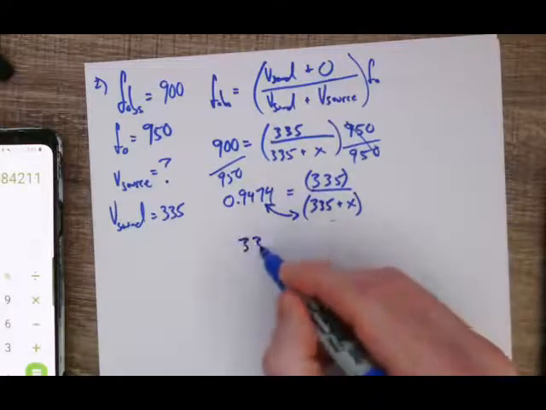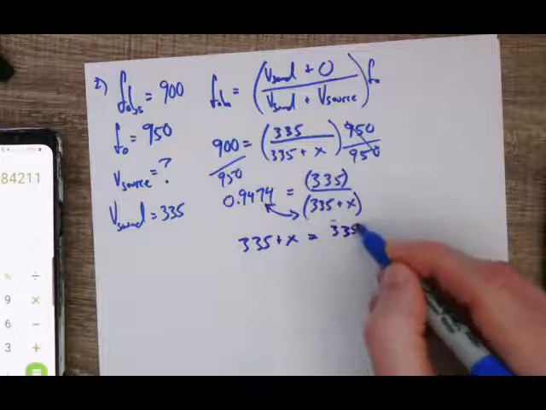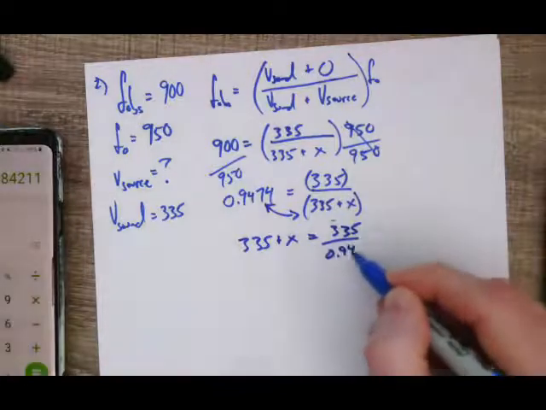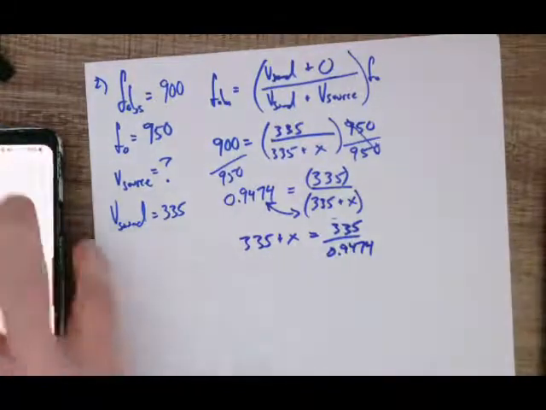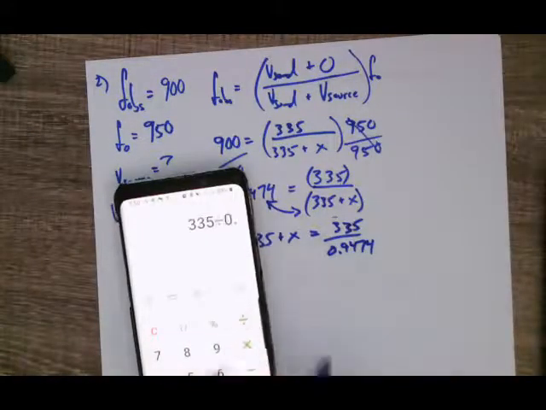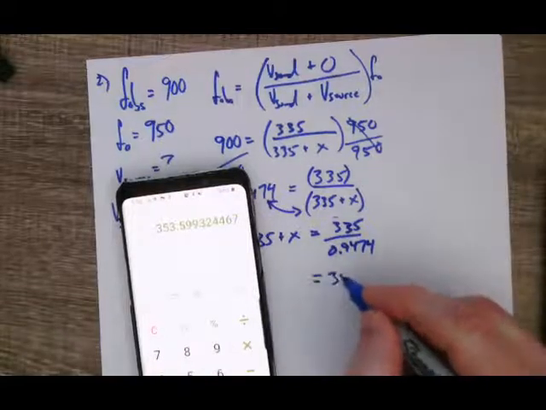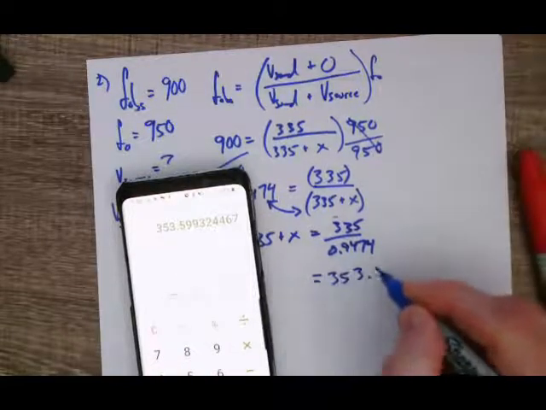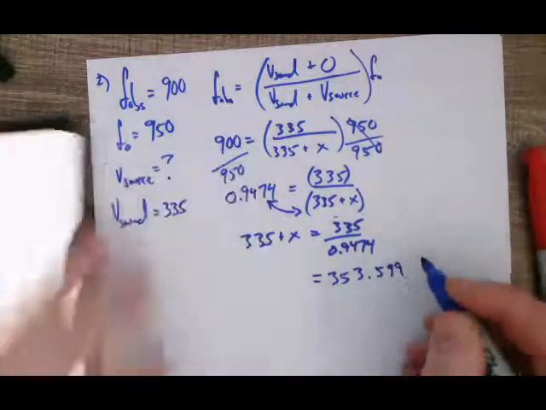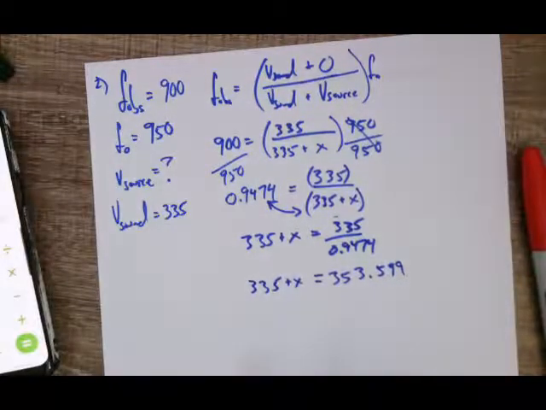So 335 plus x equals 335 over 0.9474. So 335 divided by 0.9474 is 353.599. That's what 335 plus x equals.